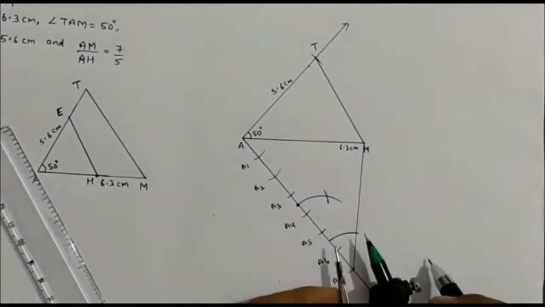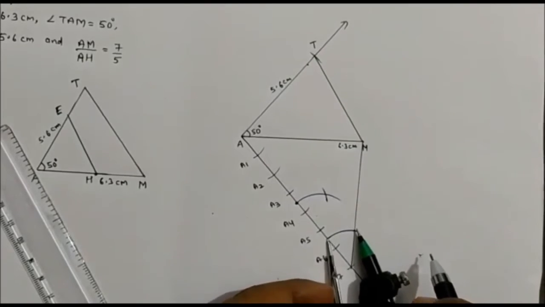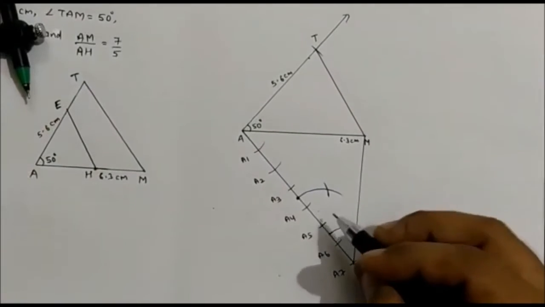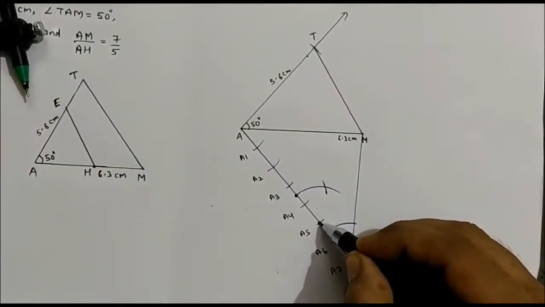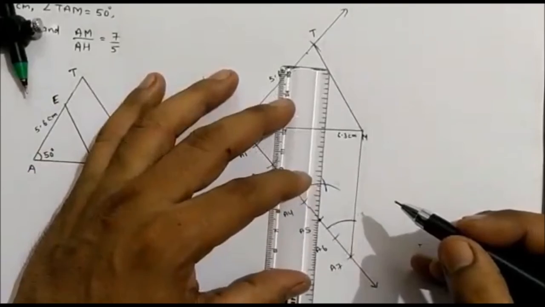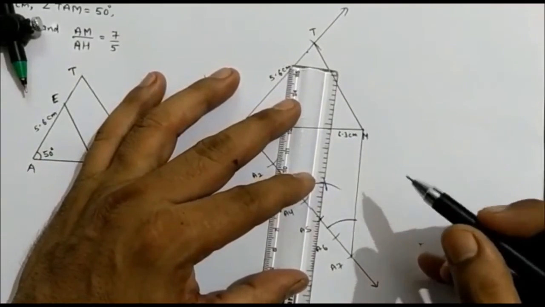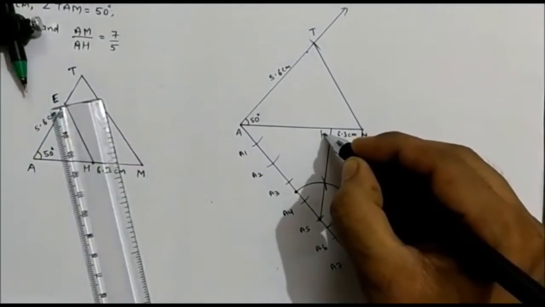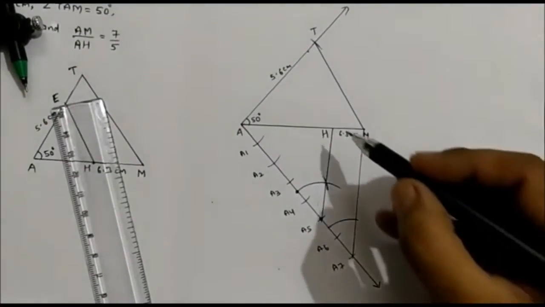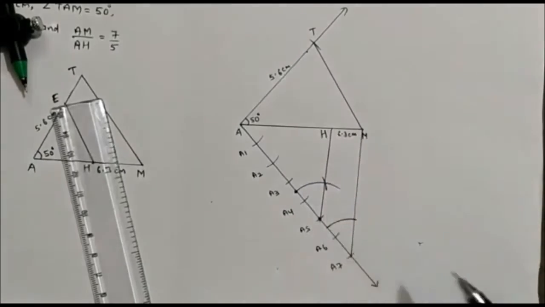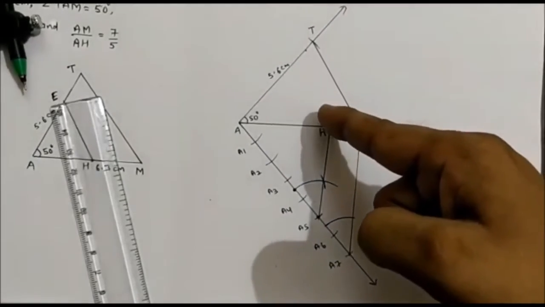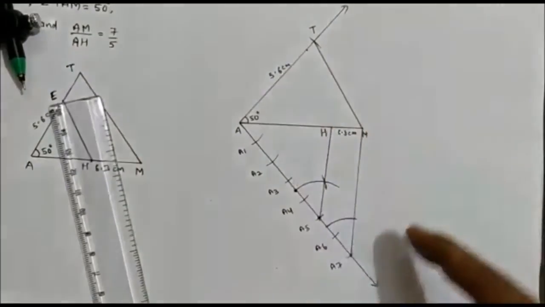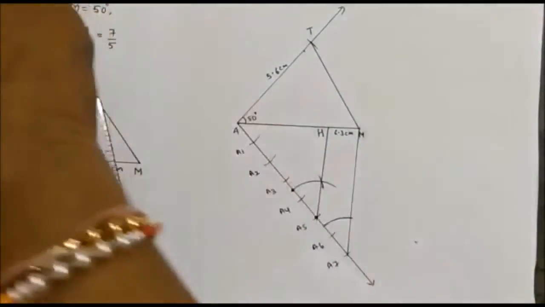I repeat, take this distance here, and from this point you cut this arc, and now from that 5th, A5, you join this. Mark this point as H. This is point H we have got. In the same way, from this H we have drawn a parallel line to this, and the method is same as this only.